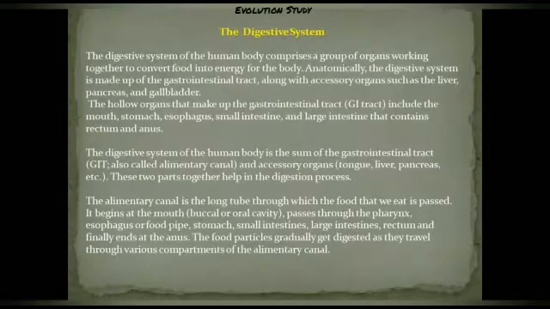It begins at the mouth, buccal or the oral cavity, passes through the pharynx, esophagus or food pipe, stomach, small intestine, large intestine, and rectum, and finally it ends at the anus. The food particles gradually get digested as they travel through various compartments of the alimentary canal.